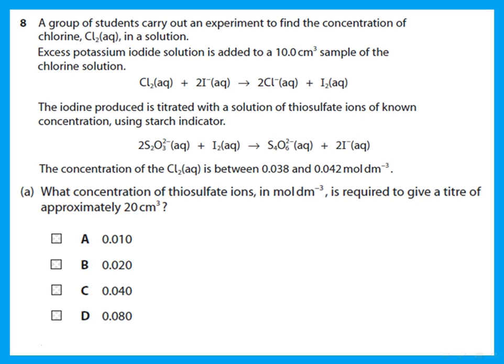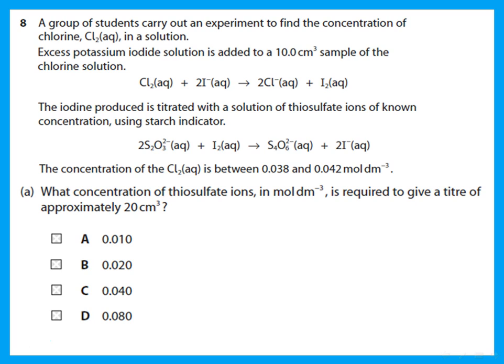A group of students carry out an experiment to find the concentration of chlorine in a solution. Excess potassium iodide is added to a 10 centimeter cubed sample of the solution. The iodine produced is titrated with a solution of thiosulfate ions of known concentration using starch indicator.